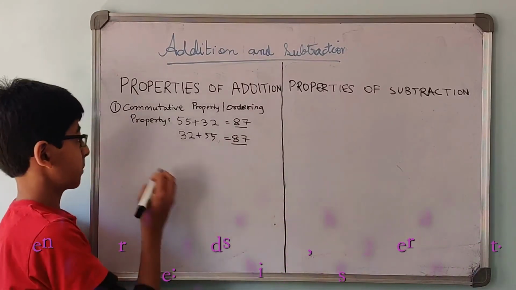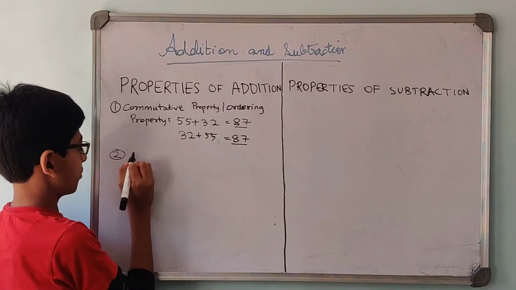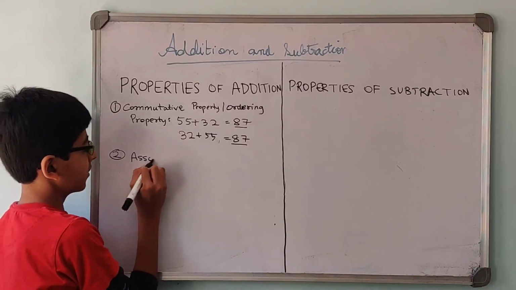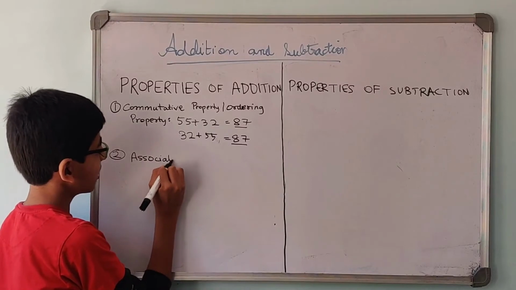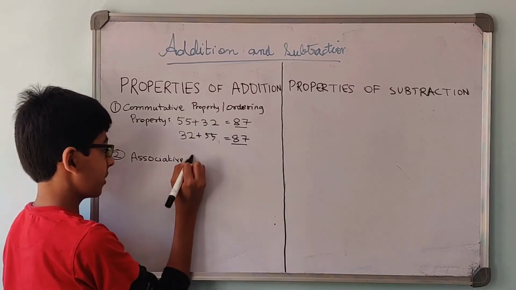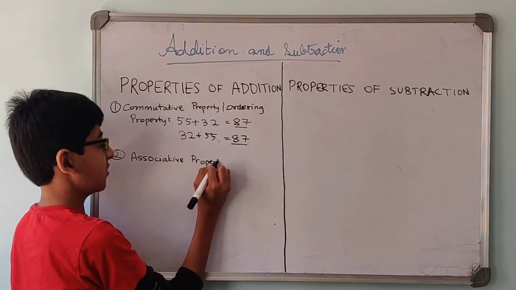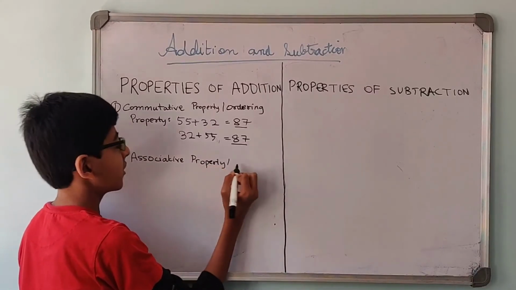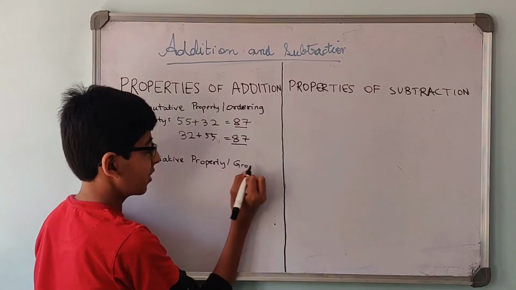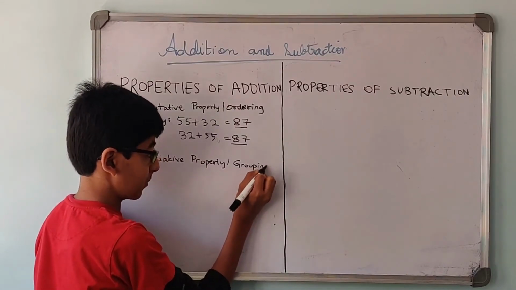This is our first property. Our second property is called the associative property, or the grouping property.